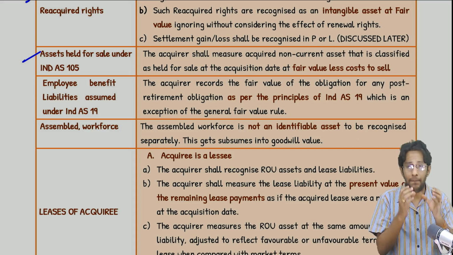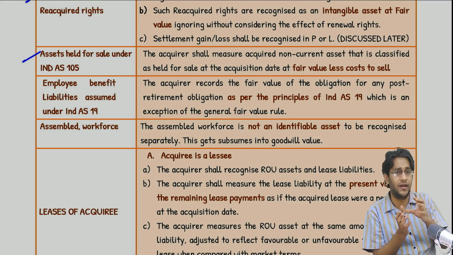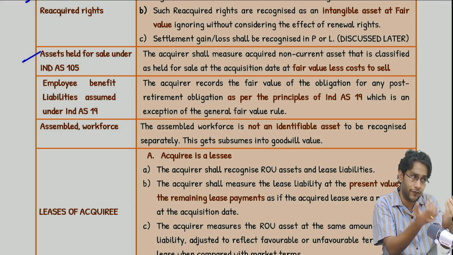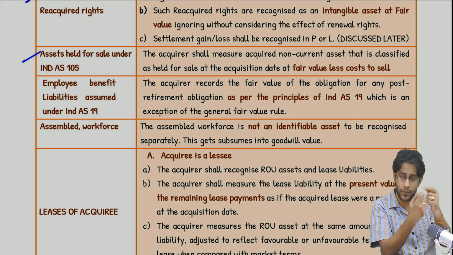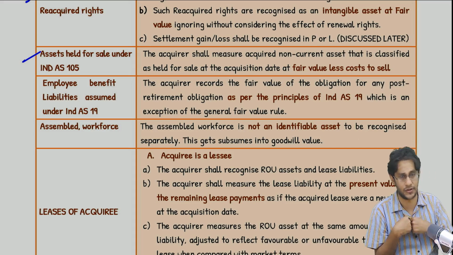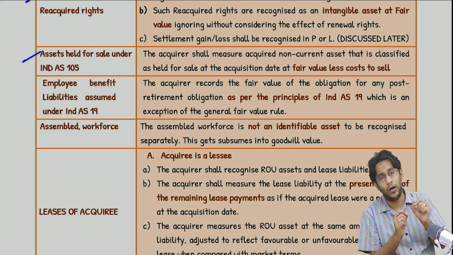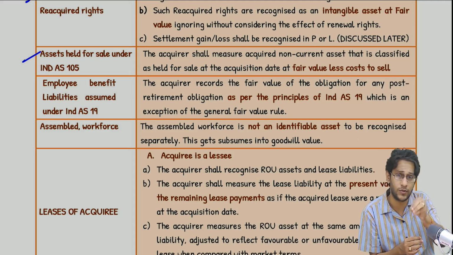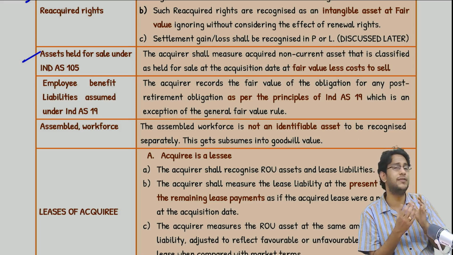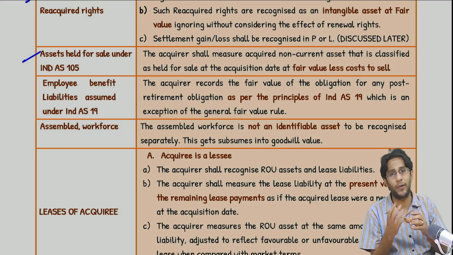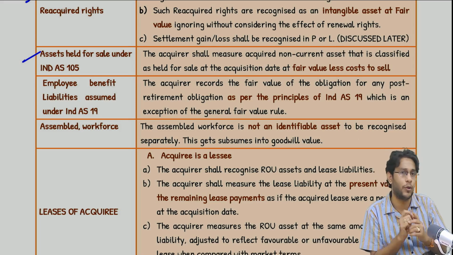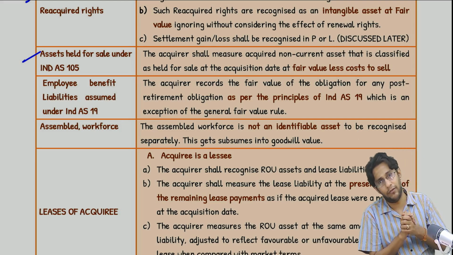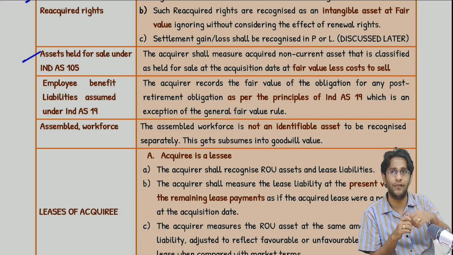So liability or assets under Ind AS 19 zone, when you are taking them over from selling company and you are incorporating such liability into your books, you will take them over not at fair value but at the value determined in accordance with Ind AS 19. Because when we say fair value, we actually have to apply the definition of fair value as given under Ind AS 113. Ind AS 113 fair value of an asset is the value what you get if you sell the asset.